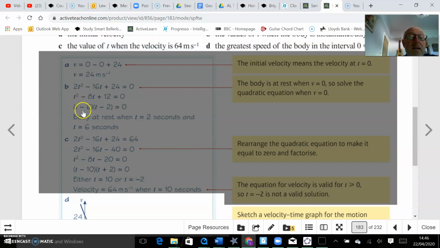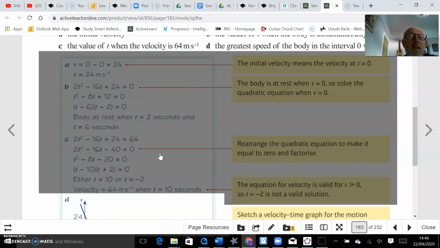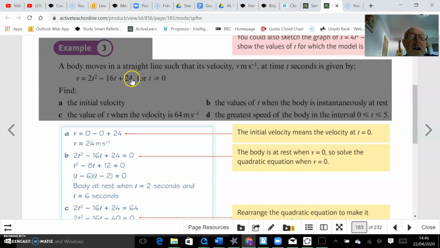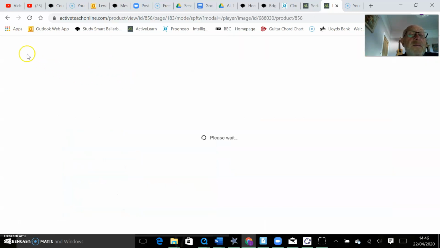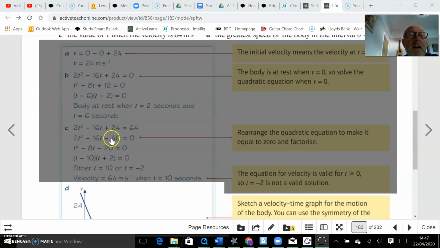Now, this really requires sketching the curve. It's a quadratic. So, we know if t is 0, v is 24, so it crosses the velocity axis at 24. And we know already when v is 0, t was 2 or 6.